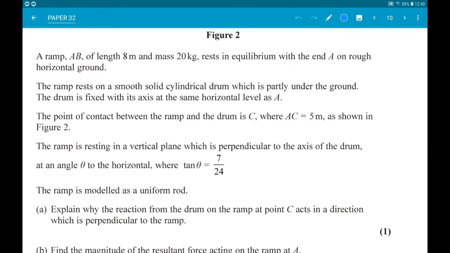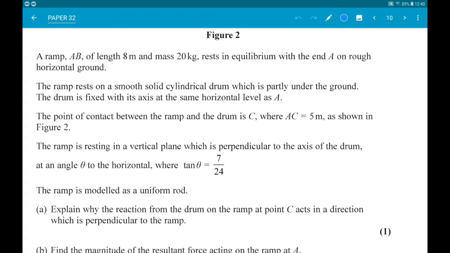The ramp is resting in a vertical plane perpendicular to the axis of the drum at an angle of theta to the horizontal, where tan theta is 7/24. The ramp is modelled as a uniform rod.